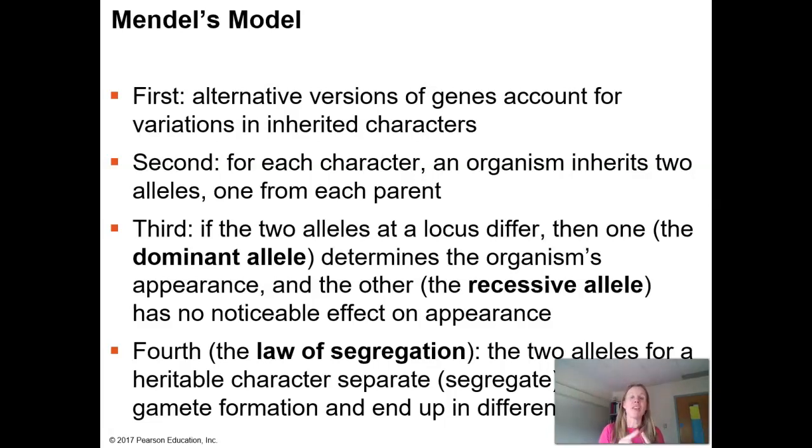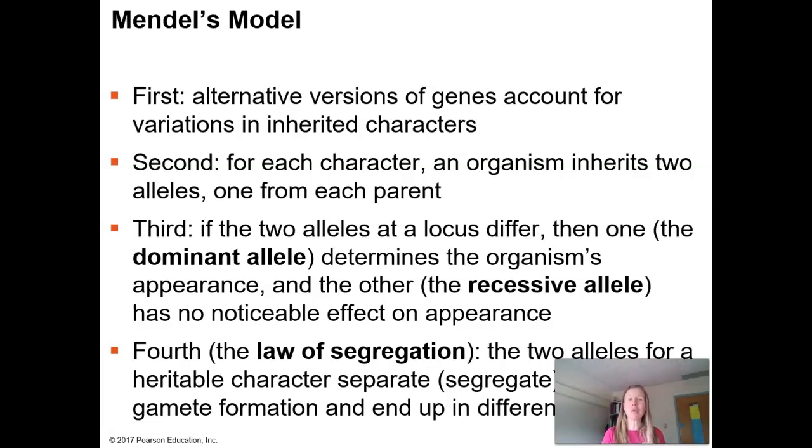Second, for each of those characters, an organism must inherit 2 alleles, 2 different versions of the gene, one from each parent. Again, we don't know about DNA at this point. Third, if the 2 alleles differ, then one of them, the dominant allele, determines the organism's appearance. The other, the recessive allele, doesn't show up at all.